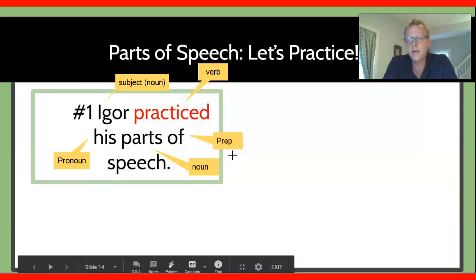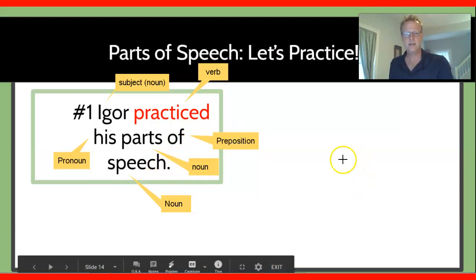This little guy is a preposition. It's showing the relationship between Igor and his parts of speech. Speech is a noun. So the preposition shows the relationship between the noun parts and the noun speech. So it's a preposition. Okay, cool.